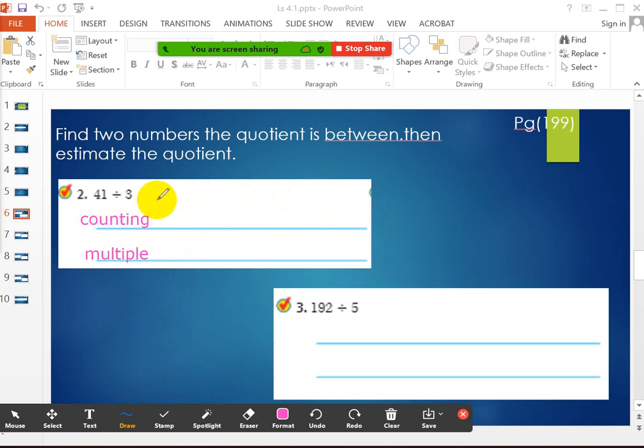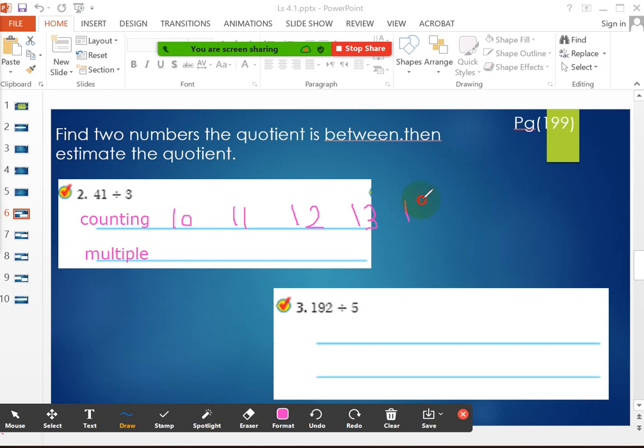But here I will not start from 1, because look, the number 41 is far away from 3. So I will start from 10. Okay? 10, 11, 12, 13, 14.